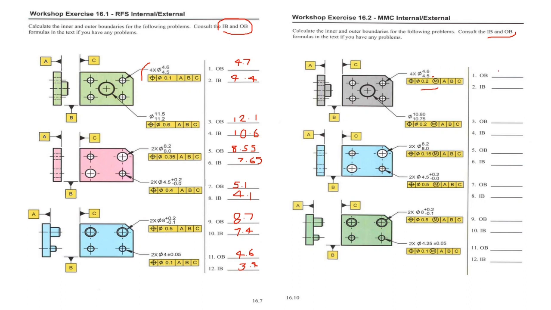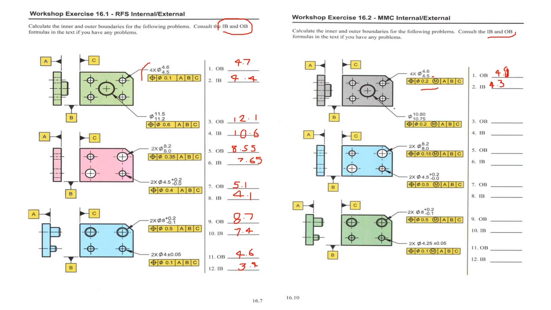So the outer boundary will be 4.6 plus 0.3, and the outer boundary is 4.9, and the inner boundary is simply 4.5 minus 0.2. The maximum material condition of this hole is 4.3.